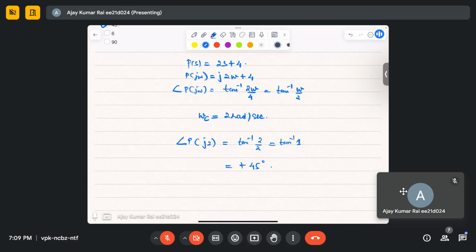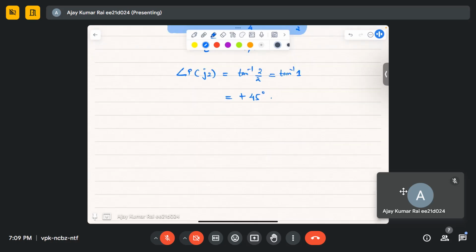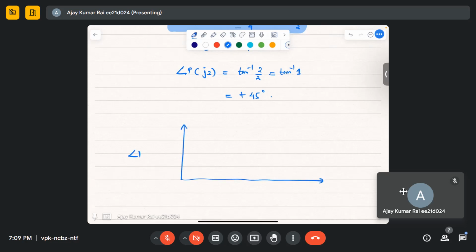So what is required for this? We have this information, right? So let's plot it with respect to frequency.